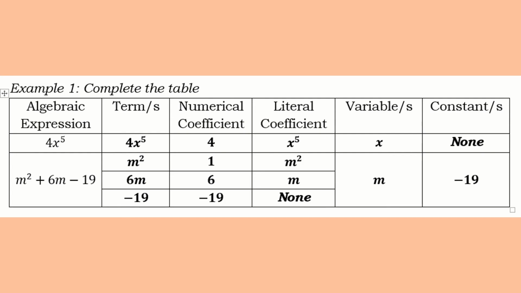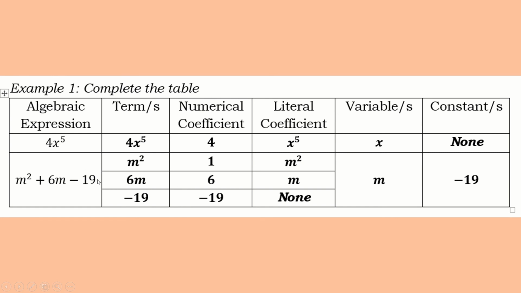Example, complete the table. We have here the algebraic expression. The term is 4x to the fifth. The numerical coefficient is 4. The literal coefficient, we have x to the fifth. The variable we used is x. The constant, there is none, since there is no number on its own. From this example, m squared plus 6m minus 19. What are the terms here?